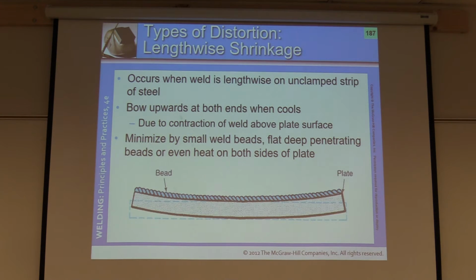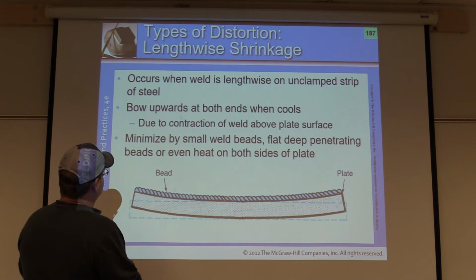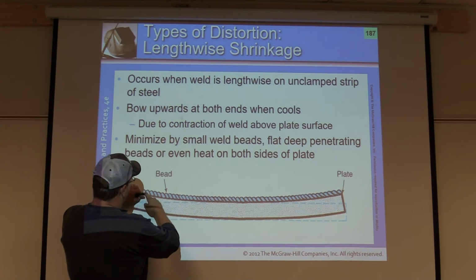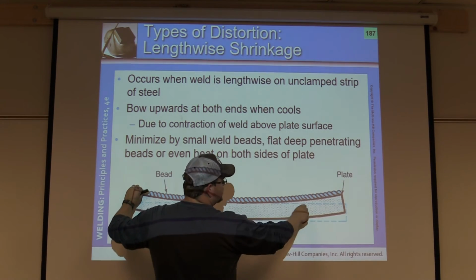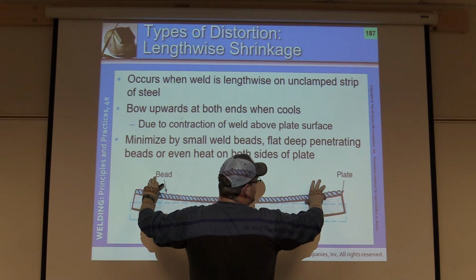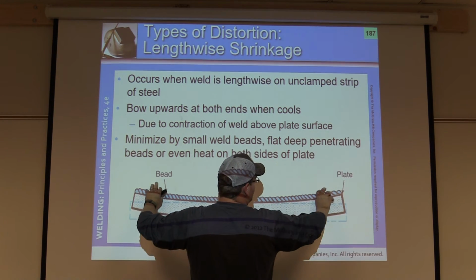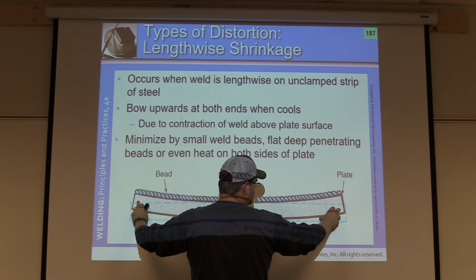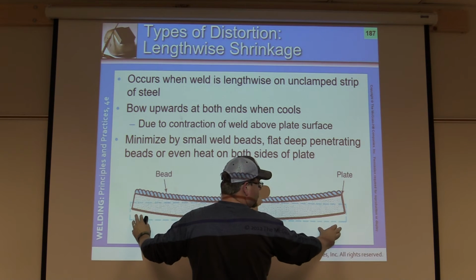Real quick, I thought they had a better picture in here. There are internal stresses within this weld bead. Due to the stresses, that's what helped cause the distortion. If we were to stress relieve it, it wouldn't necessarily go back down 100%, but sometimes it will.